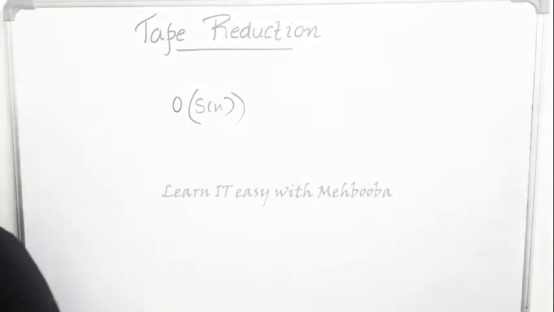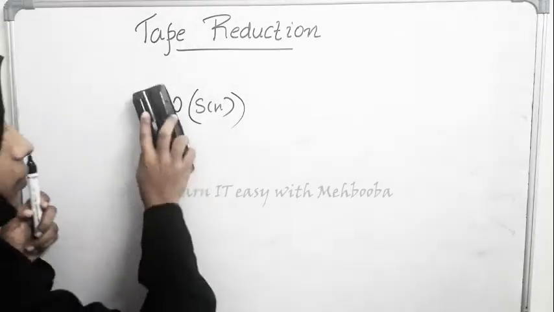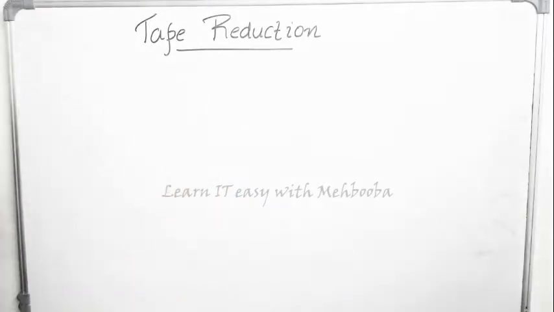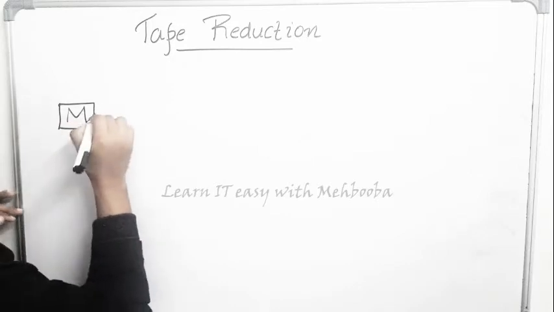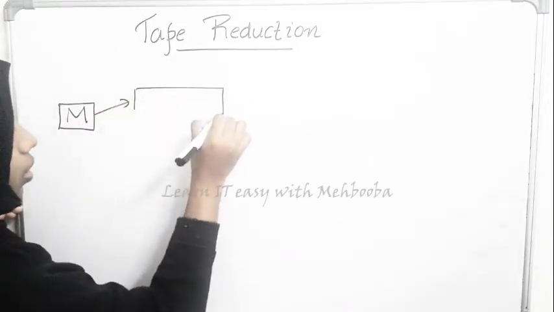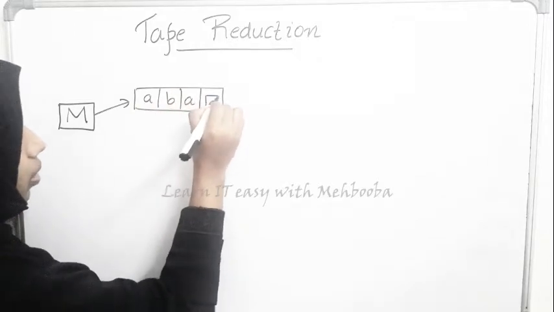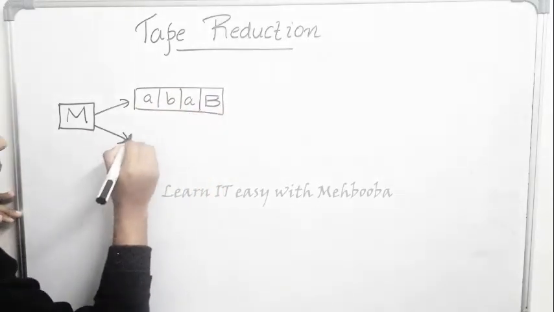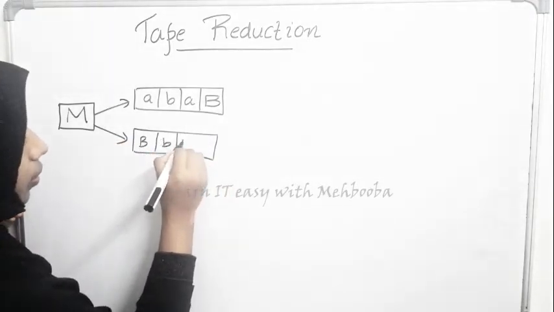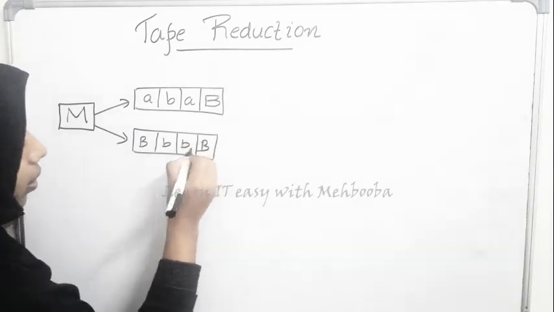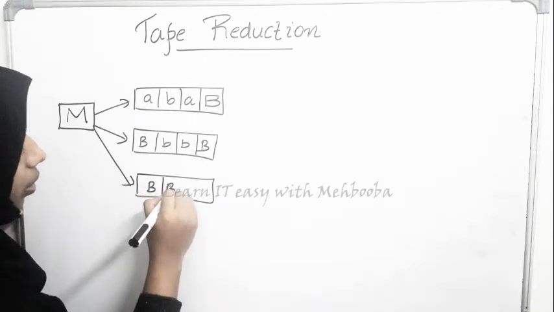Okay. So assume that we have a multi-tape Turing machine M with three tapes for the sake of an example: A, B, A, blank; now another tape, blank, B, P, blank; and a third tape, blank, blank, blank.